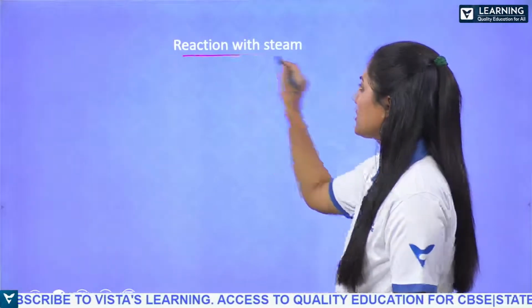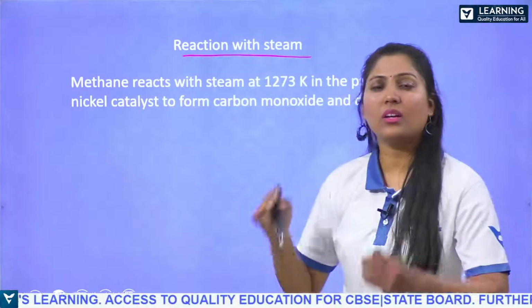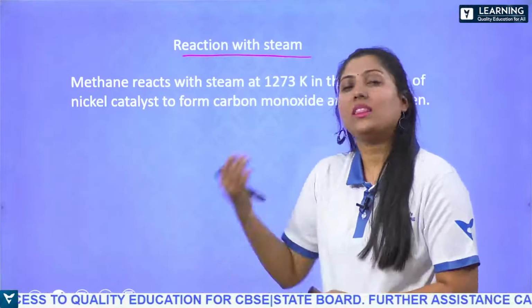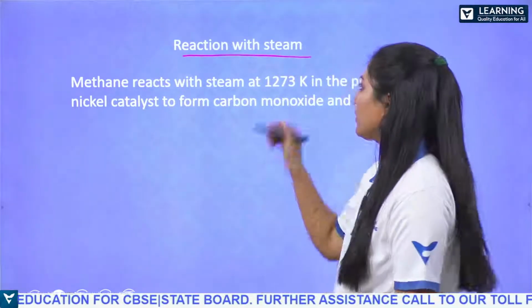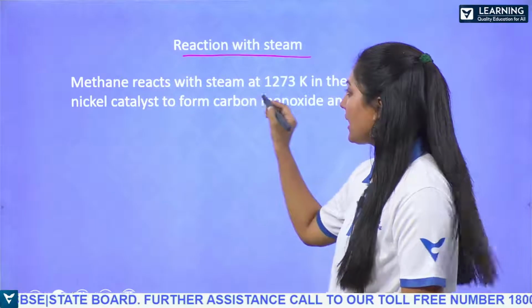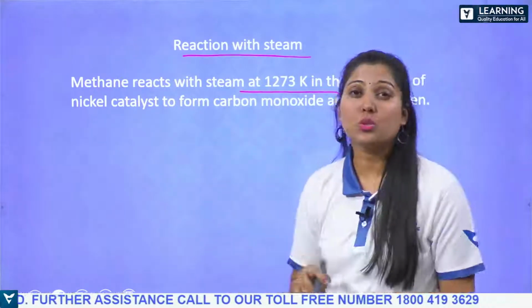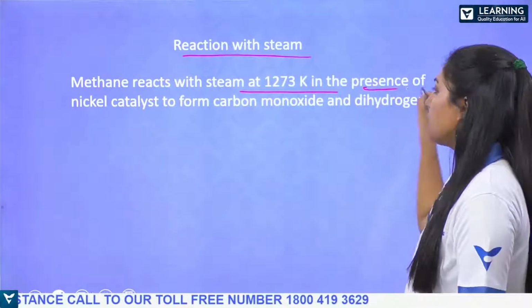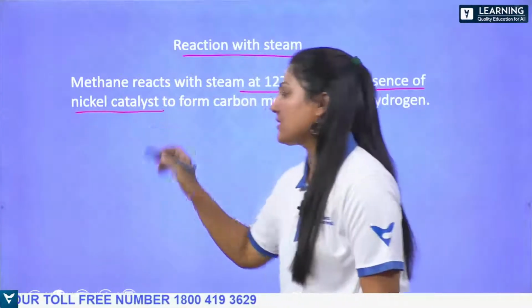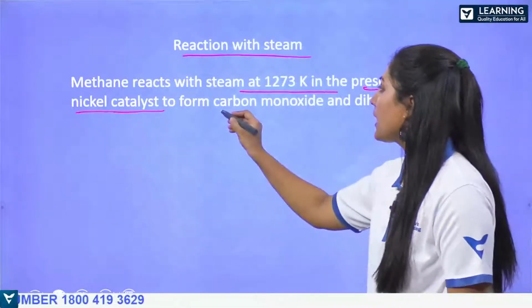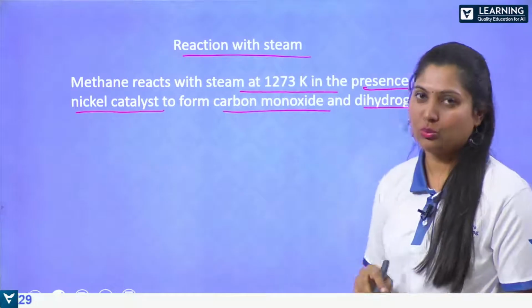So, reaction with steam. When alkanes react with water or steam, methane reacts with steam at 1273 Kelvin in the presence of nickel as a catalyst to form carbon monoxide and dihydrogen.